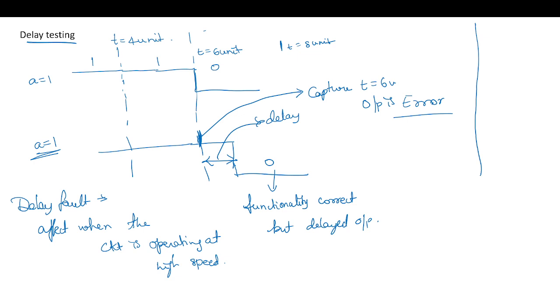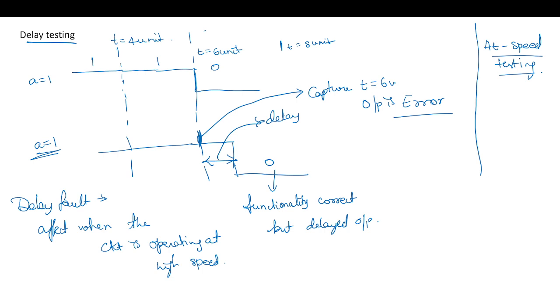Some of the delay defects get detected by testing the circuit at speed. So we call that at-speed testing, where the testing is performed at a high speed or the operational speed.